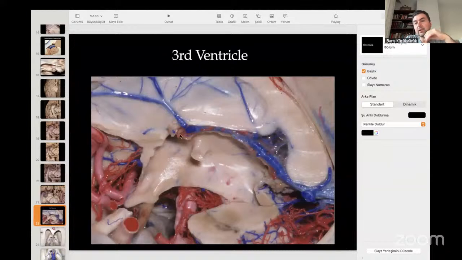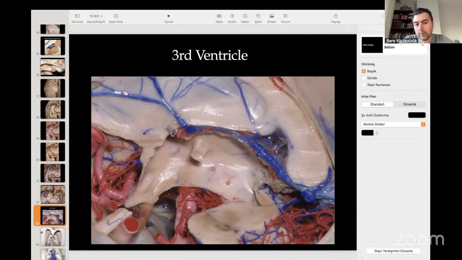So after the lateral ventricle, there is the third ventricle. This is the left hemisphere, including the basal ganglia, removed. So we see here the third ventricle and the lateral wall, I mean the right lateral wall of the third ventricle.